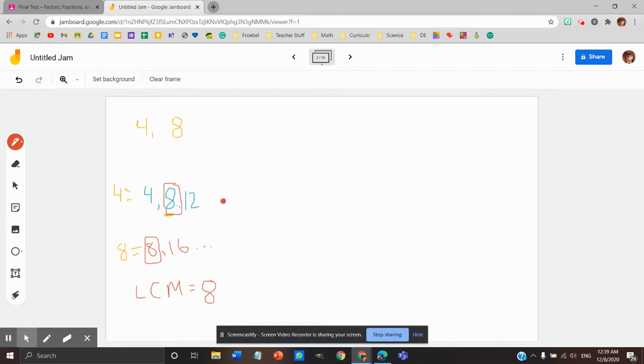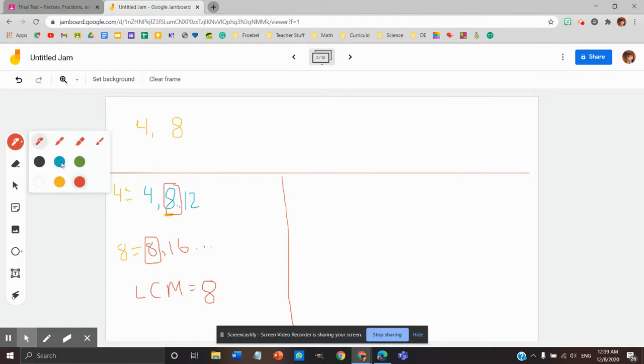Now there's another procedure, right? Let me divide this into two parts. This is procedure 1, form 1. This is one way you can do this. The other way is by using prime factorization, and we already did this in the last one. We know that 2 times 2 is 4. And with the 8, we already know that 2 times 4 is 8.